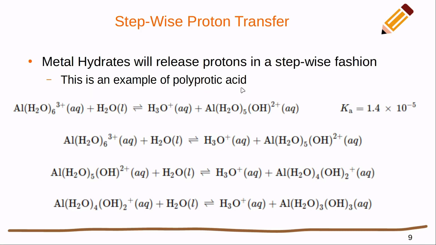This is what we call a polyprotic acid, and we're going to talk a little bit more about that in the next chapter. So as we start with this aluminum complex, it can give up a proton and produce this guy here, where we have one of the waters bound to it with one less proton, and it can continue to do that over and over again, donating protons from those different water molecules.